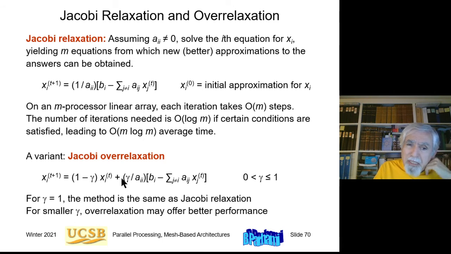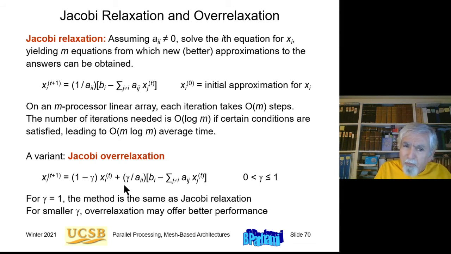So by playing with this, the smaller the value of gamma, so if gamma is near 0, then the new value of x will be very close to the old value, and this equation will have little effect. So basically, convergence tends to be slower.